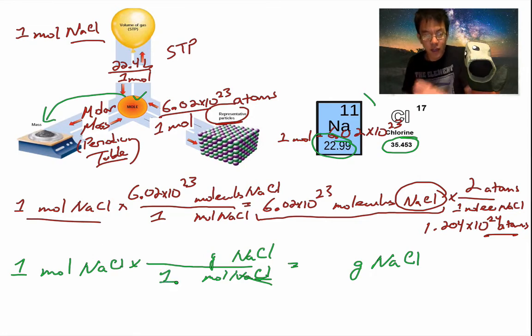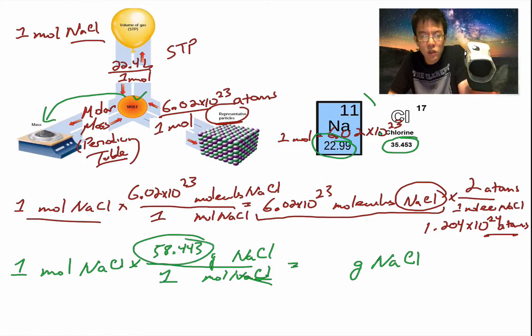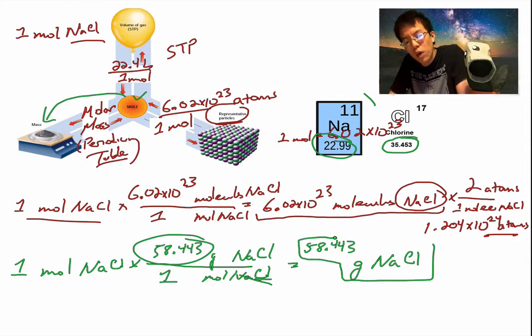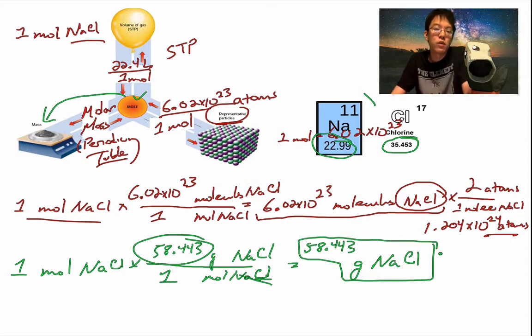Then in 1 mole of NaCl, I would have 22.99 plus 35.453 grams, which gives me a total of 58.443 grams of NaCl. This number came from adding these two together because I had NaCl, and 1 times 58.443 is just 58.443 grams of NaCl. So that's how much I would weigh out on my scale if I needed 1 mole of NaCl.